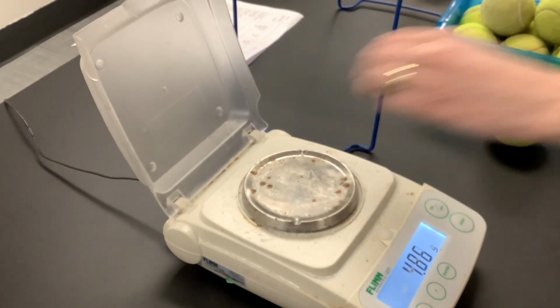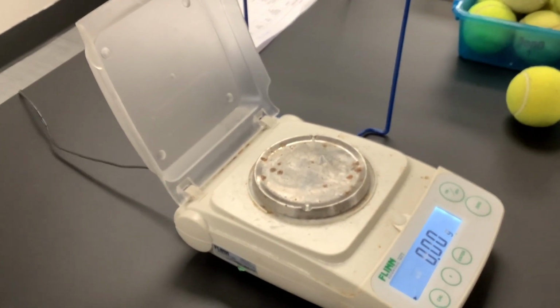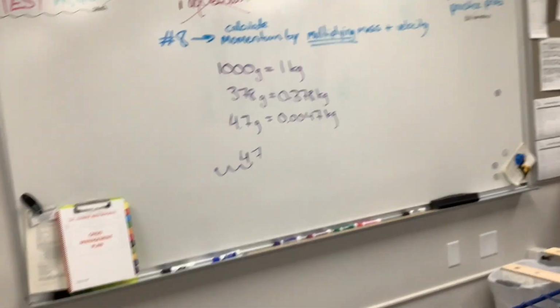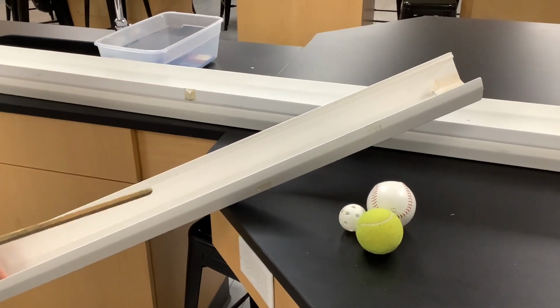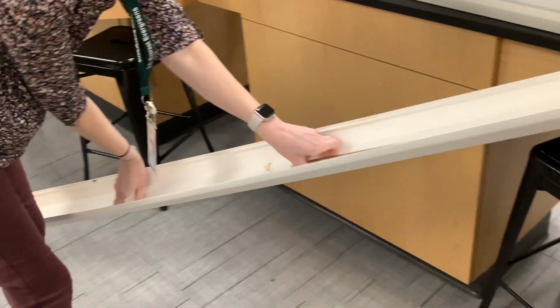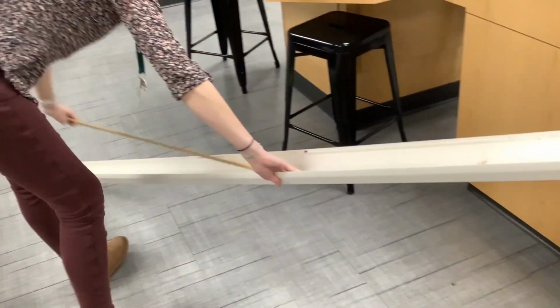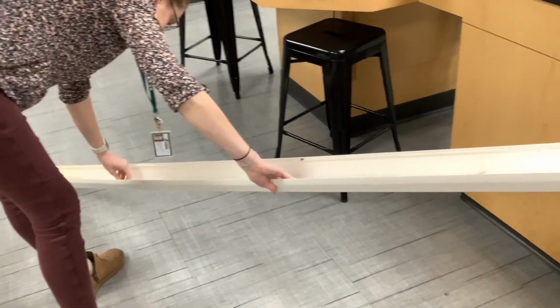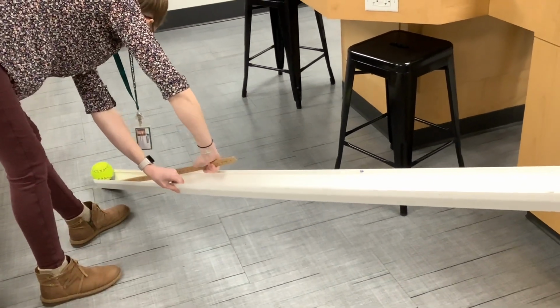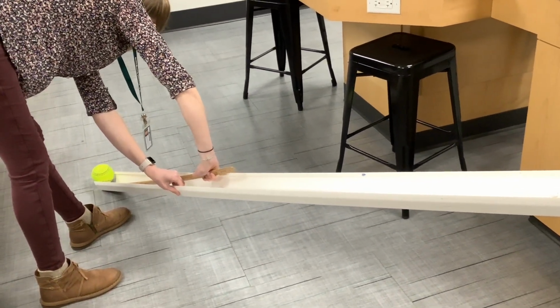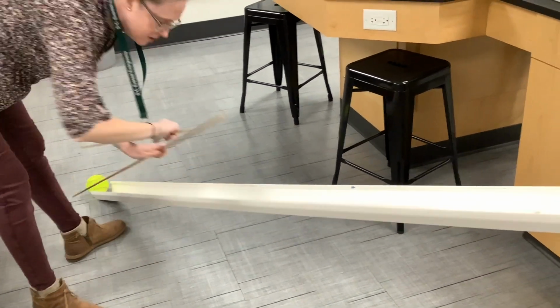But remember that when you put this in your data table, you need to convert your grams to kilograms. Measure the length of the gutter, and this one is 3.06 meters is the length of the gutter.